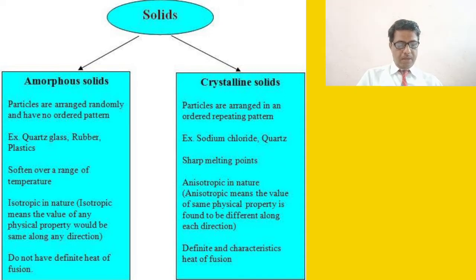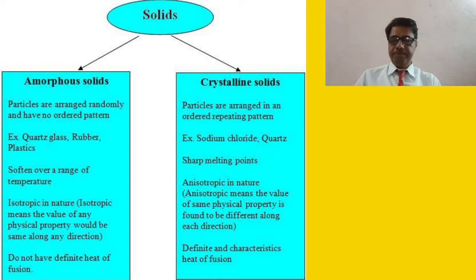If we measure all these properties in different directions, the values are different. So this is the property of anisotropy, which is shown by crystalline solids. For example, ice, salt, NaCl, metals like sodium, gold, copper, etc. This is the first one, crystalline solids.